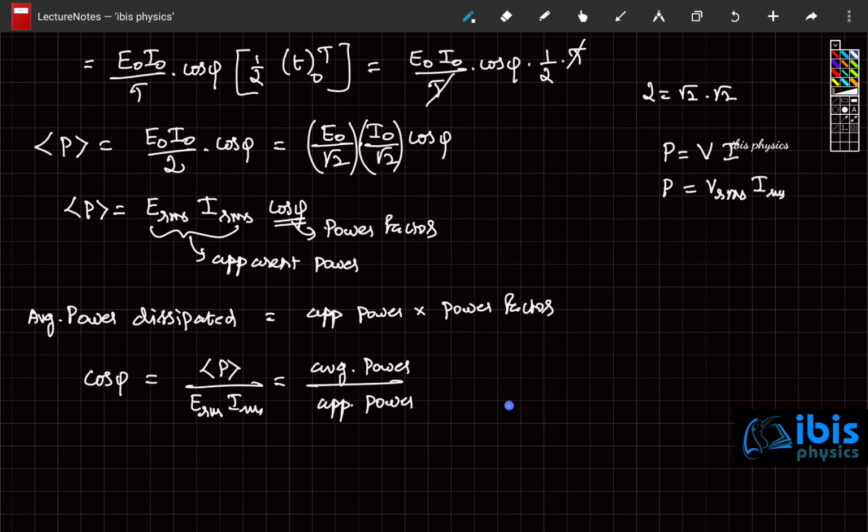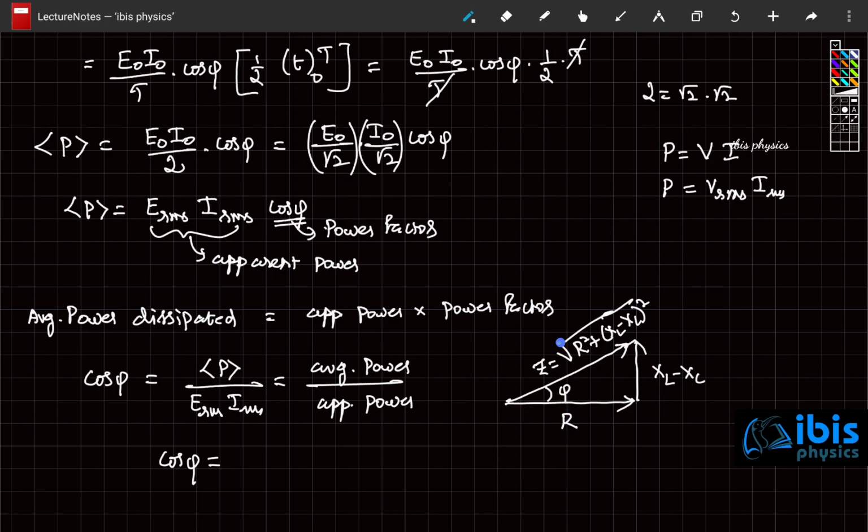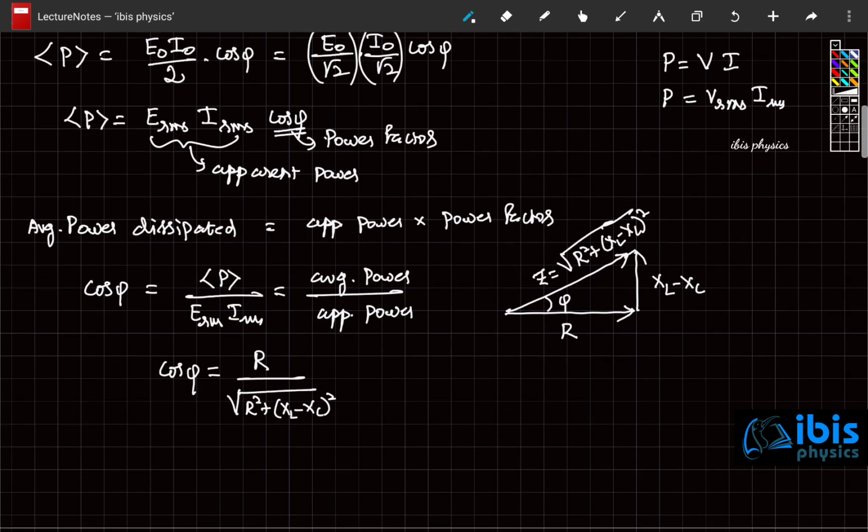For this power factor in an LCR circuit, we already knew that if this is R and this is XL minus XC, then this one is the impedance Z, equal to the square root of R square plus XL minus XC the whole square. So the power factor can be found using cos phi equal to adjacent side by hypotenuse, R divided by the square root of R square plus XL minus XC the whole square.